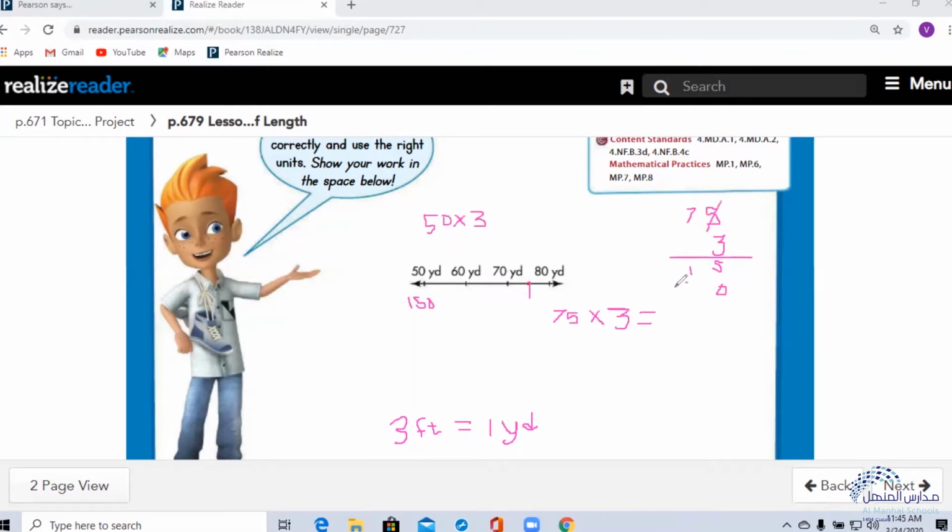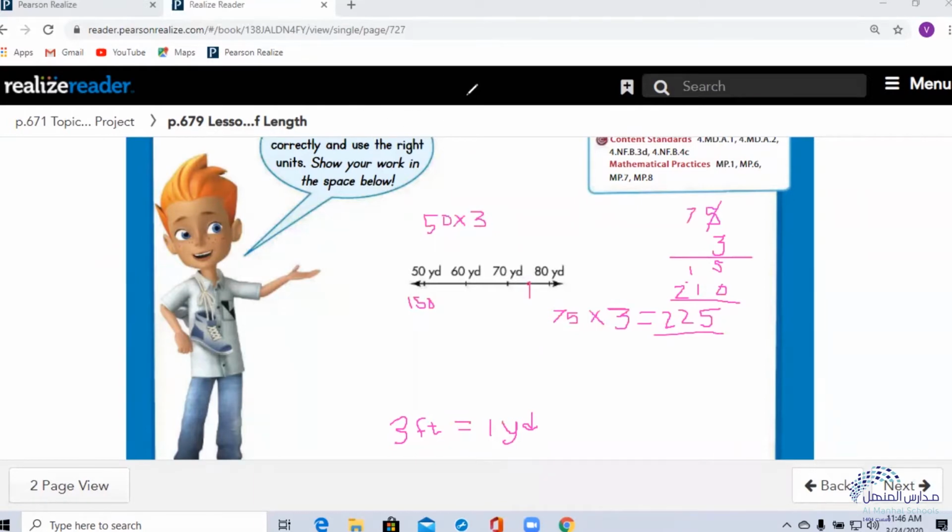So in total, 5 plus 0 is 5. 1 plus 1 is 2. And 2 plus nothing is 2. So he jogged 225 feet.